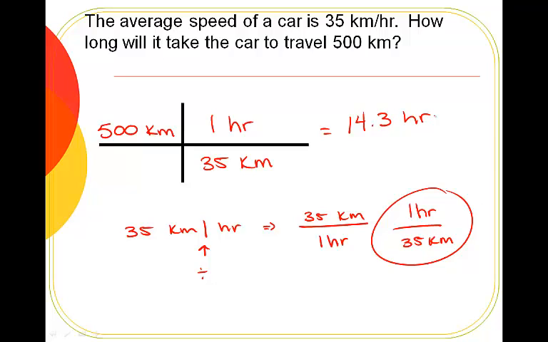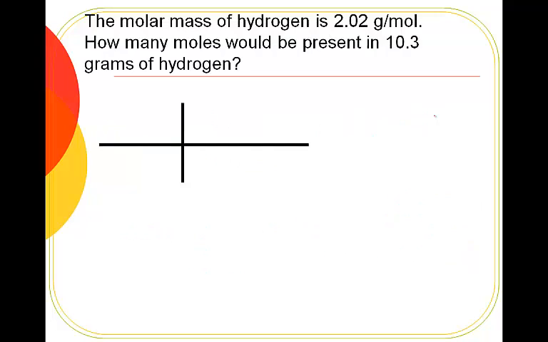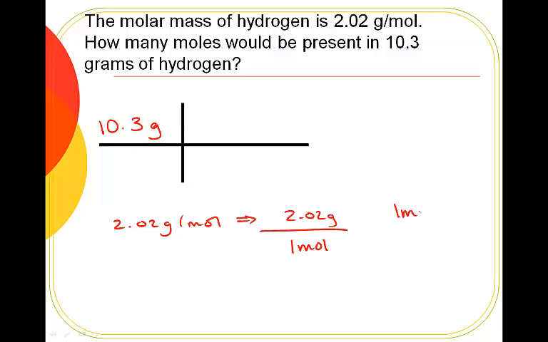Let's look at an example that deals a little bit more with chemistry. The molar mass of hydrogen is 2.02 grams per mole. How many moles would be present in 10.3 grams of hydrogen? So we're starting with that 10.3 grams of hydrogen, and we'll put that in our upper left-hand corner. Again, we have 2.02 grams per mole. That slash means to divide, so we can say 2.02 grams over 1 mole, or 1 mole over 2.02 grams.